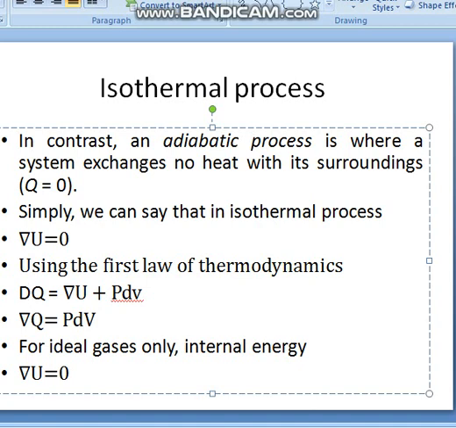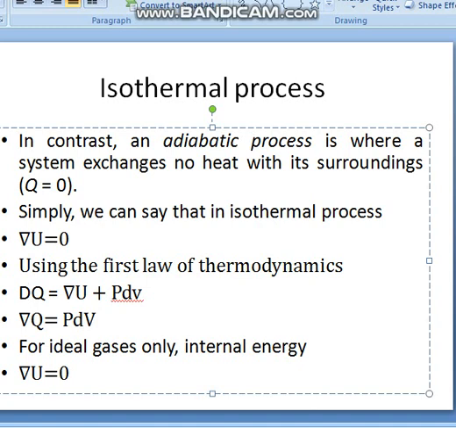The total heat that is being absorbed is totally utilized not in raising the temperature or internal energy, but in doing the work.